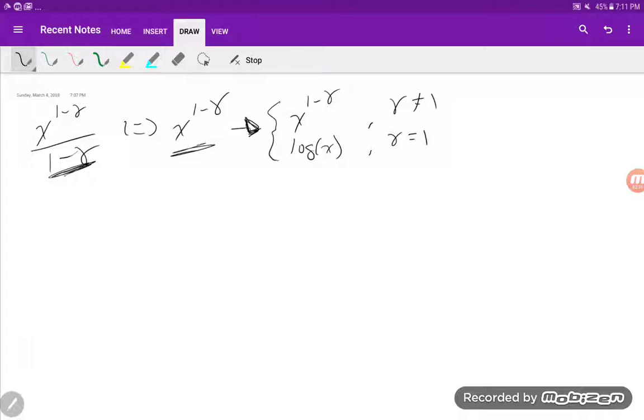So in that sense, let's simplify this even further. We have log wealth when this exponent is equal to 0.